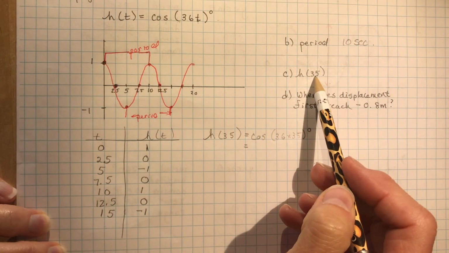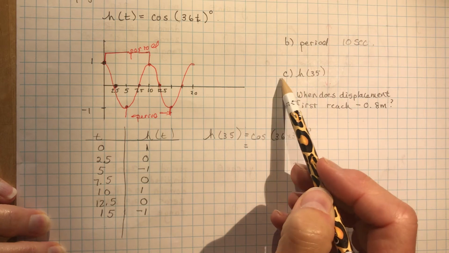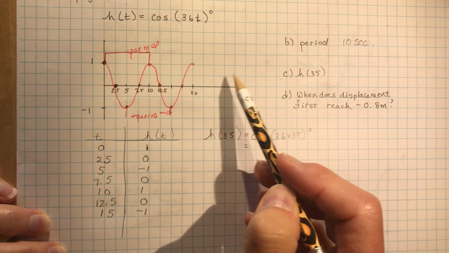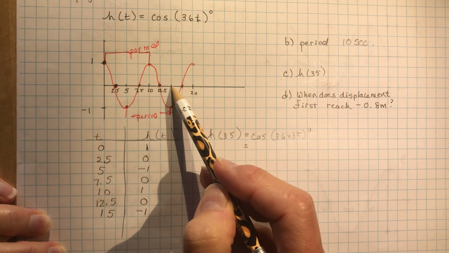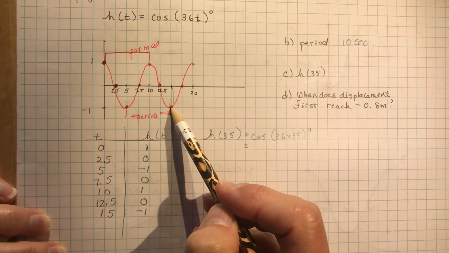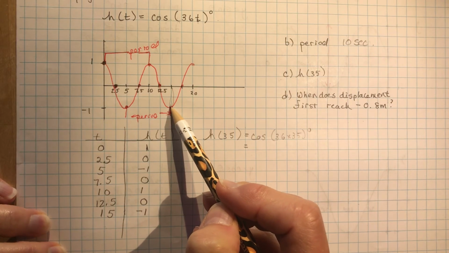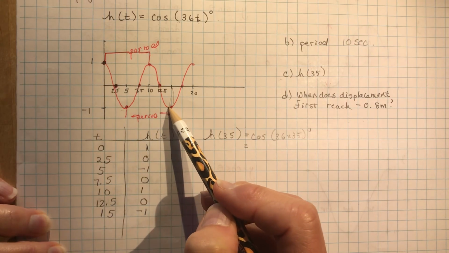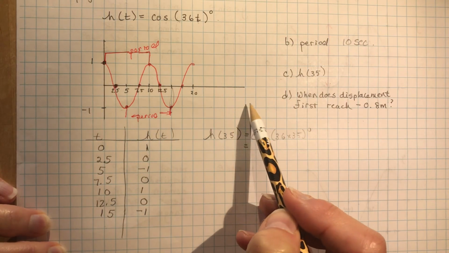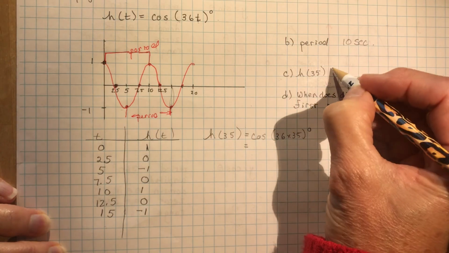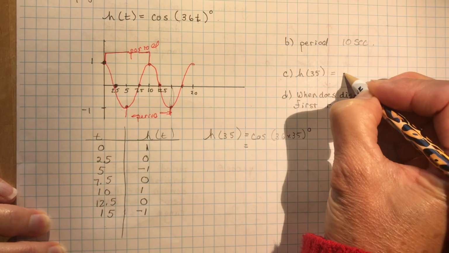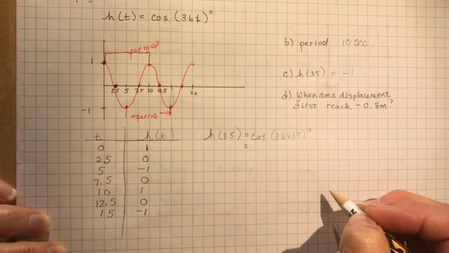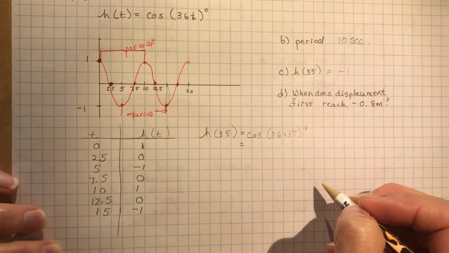So 35 minus 10 would be 25, minus 10 would be 15. So if I look at what 15 is here, that's going to be the same as at 35, right? Because every 10 seconds it repeats. 5, 15, 25, 35. So you can plug it into your calculator, or you can use your head and say it's going to be minus 1.